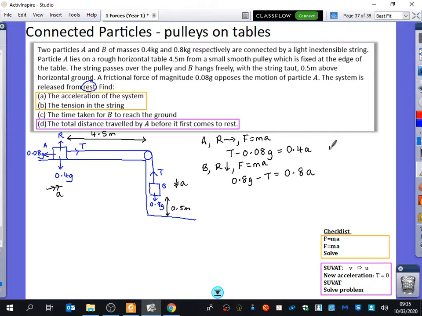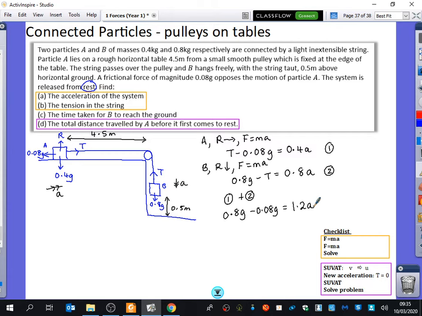So let's keep going. We've got equation 1 and we've got equation 2. We know that the trick is to take equation 1 and add it to equation 2 because the T's will cancel out. So we end up with 0.8 g from this one minus 0.08 g from this one equals 1.2 a.